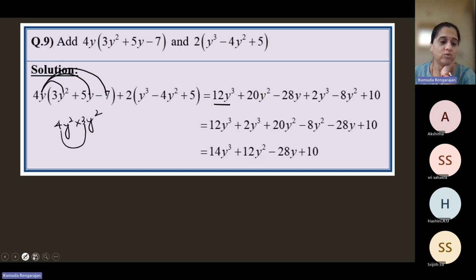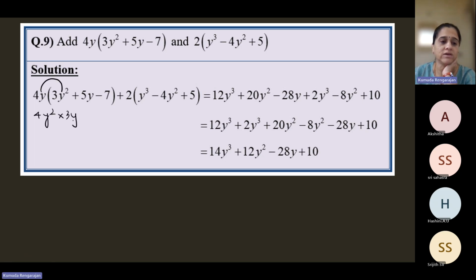Y into y square, so not y square. 4 3s are 12, y into y square, y cube, correct? Then 4y into 5y. 4 5s are 20, y into y, y square.